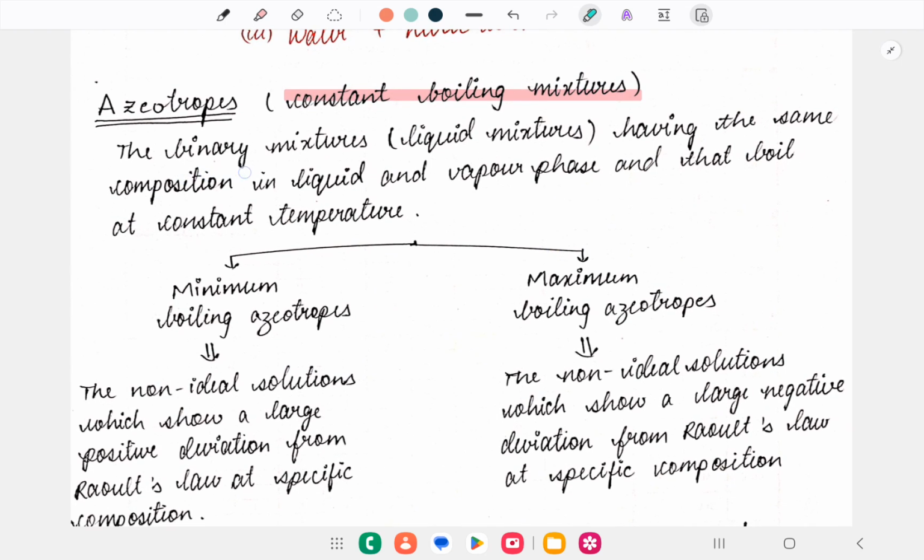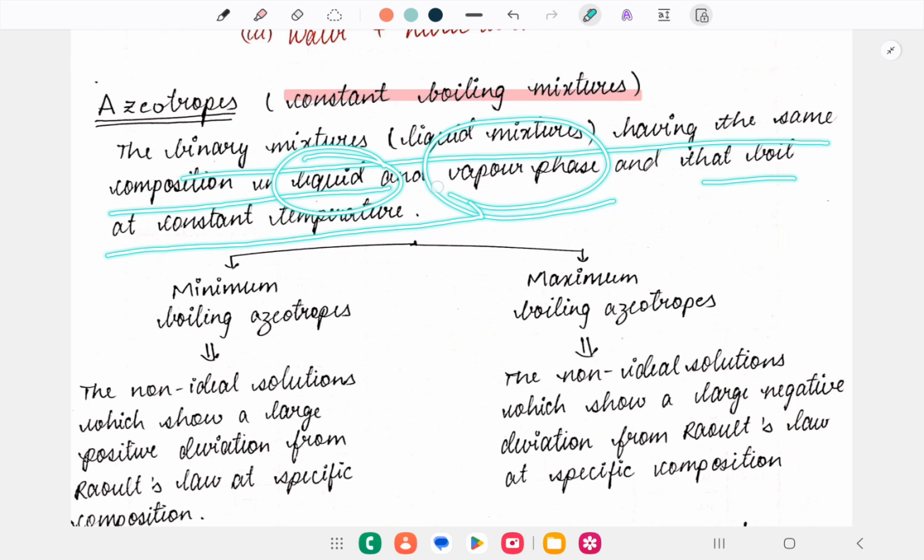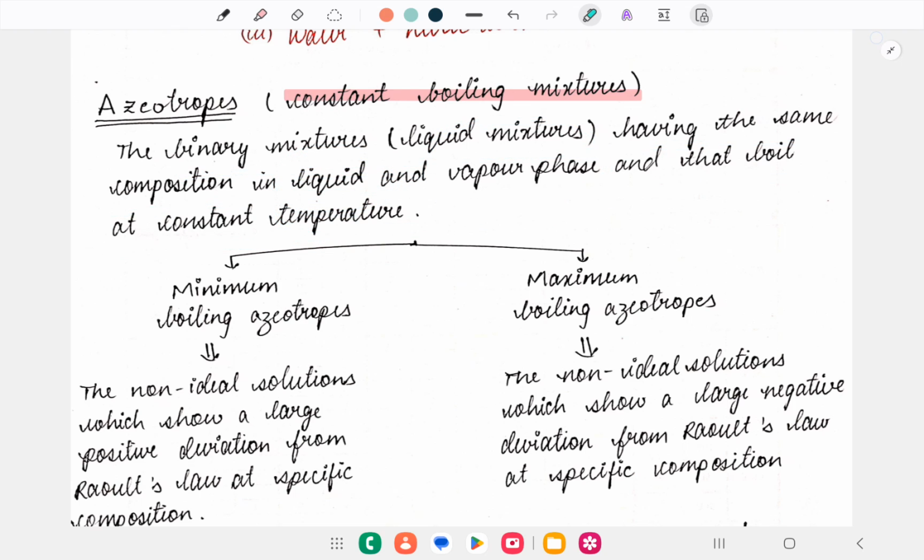These are binary mixtures having the same composition in the liquid as well as the vapor phase, and they boil at a constant temperature. In such cases, it is not possible to separate them using fractional methods. There are two types of azeotropes, which are the minimum boiling azeotropes and the maximum boiling azeotropes.